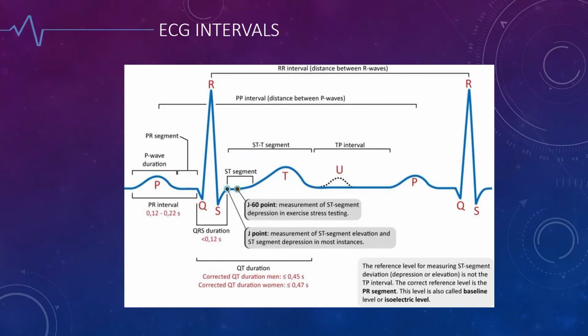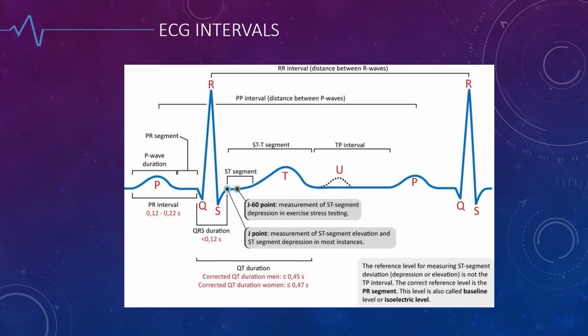ECG intervals, there are a couple that are important. PR interval measures the amount of time it takes to get from the atrium through the time-delayed fuse down into the ventricle. What it generally is considered to reflect is the AV nodal delay plus the His-Purkinje delay. The His-Purkinje delay in a normal human being should be 3 to 5 times shorter than the AV nodal delay.